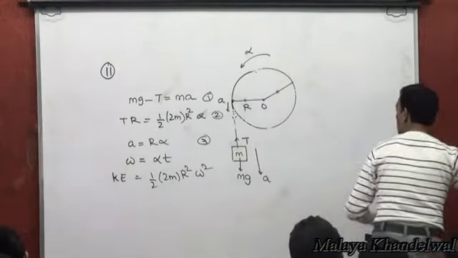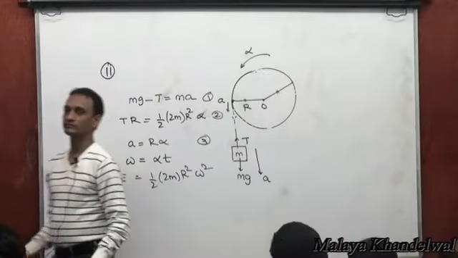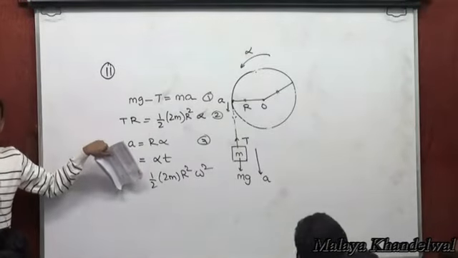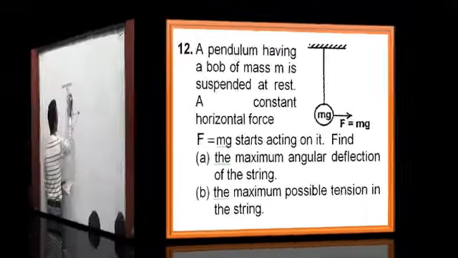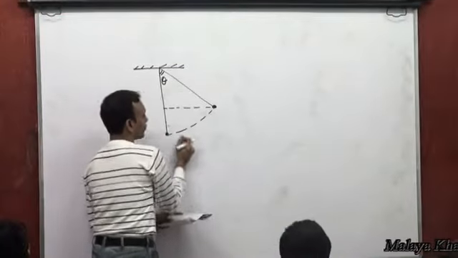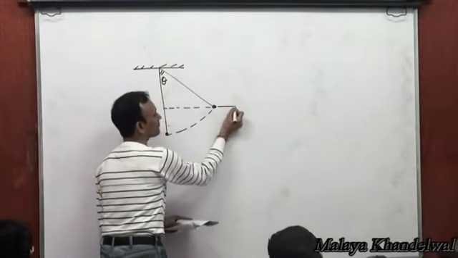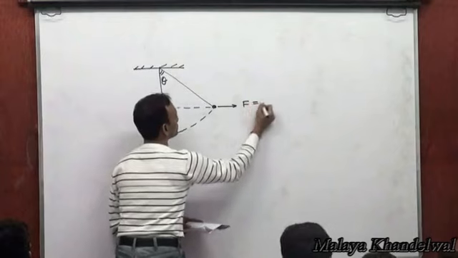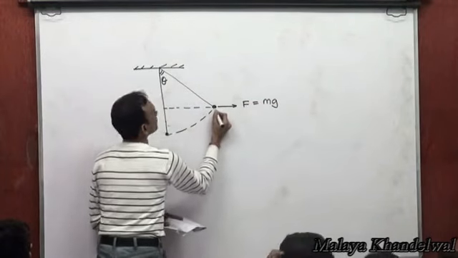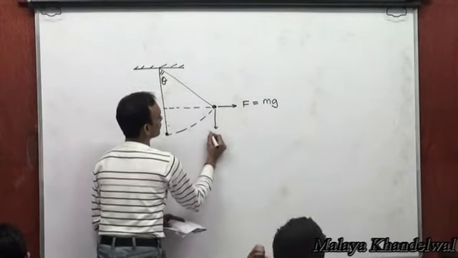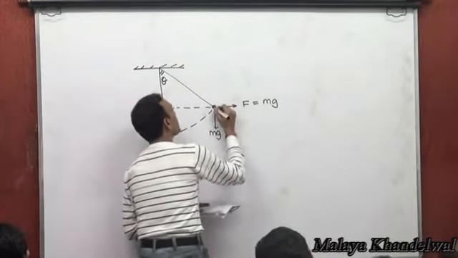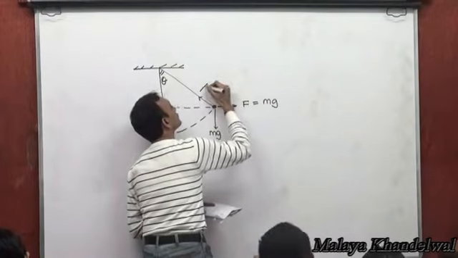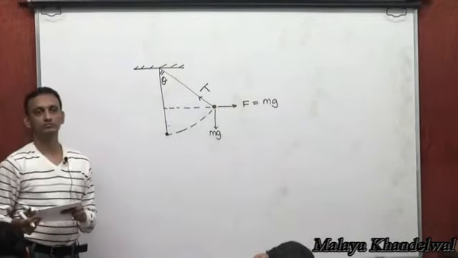Let's look at 12. Right, so there is a constant horizontal force F equal to mg acting, and there is a vertical force mg acting, and on the mass there is a tension T acting, right?